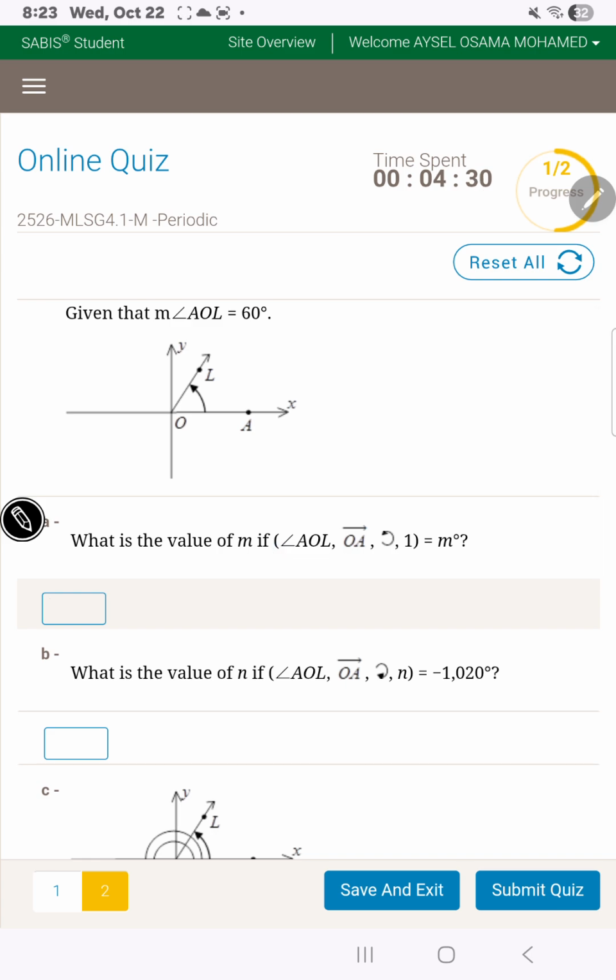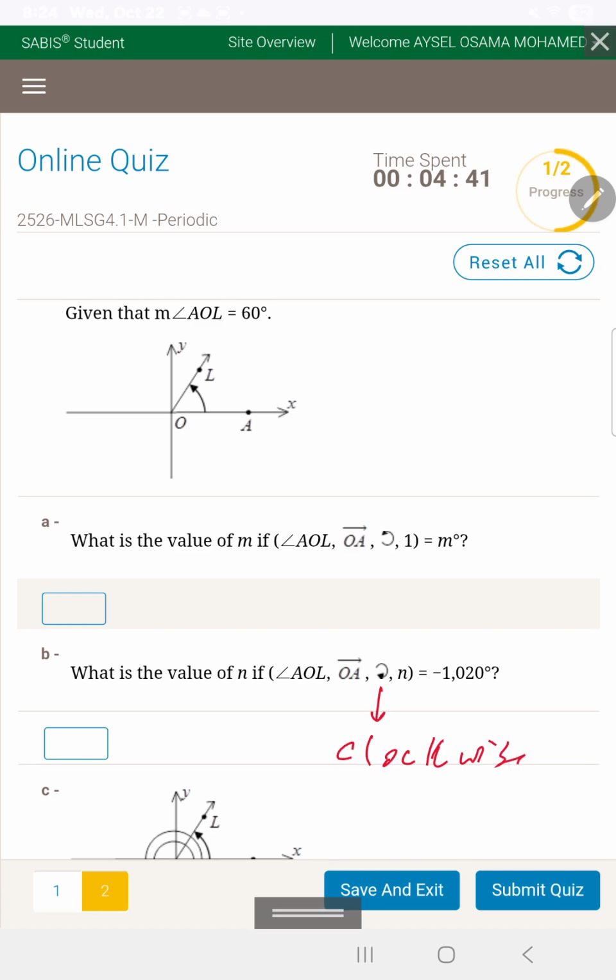Now what about option B? What's the value of n? How many rotations have we moved in the clockwise direction? This is the clockwise direction in order to get this amount. Starting from OA again, if I move one revolution like this, it would be negative 360. Then if I continue moving like this, here again negative 360.